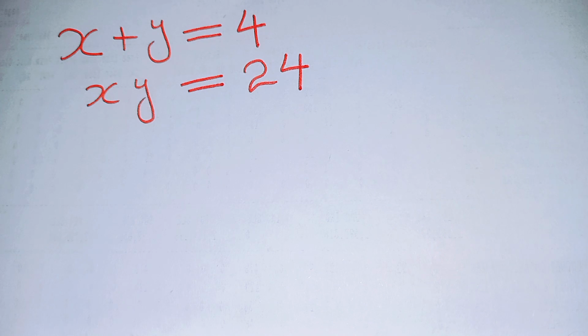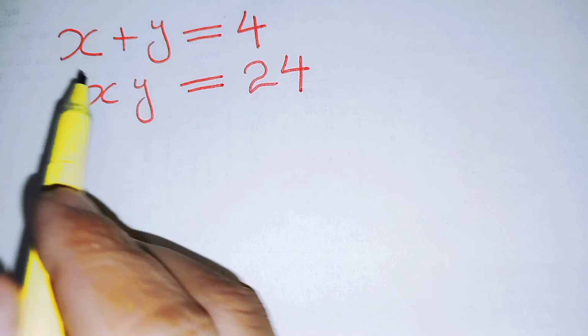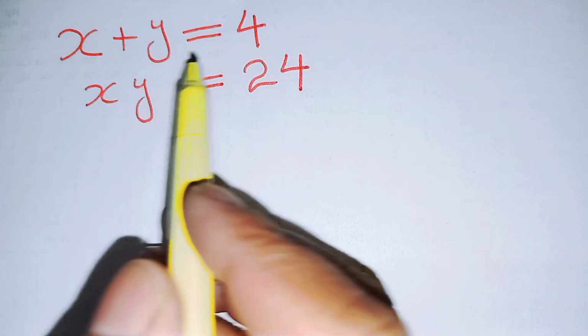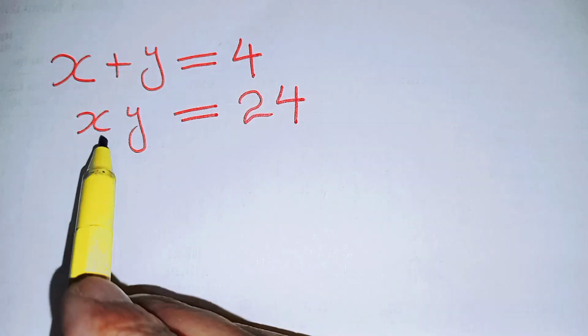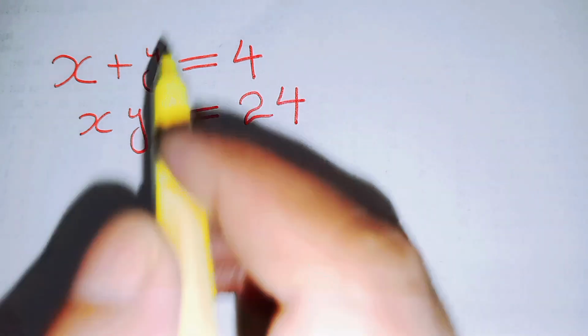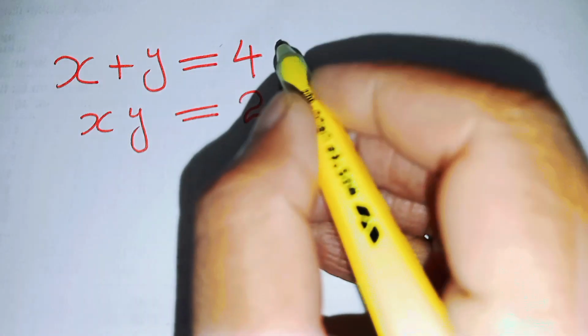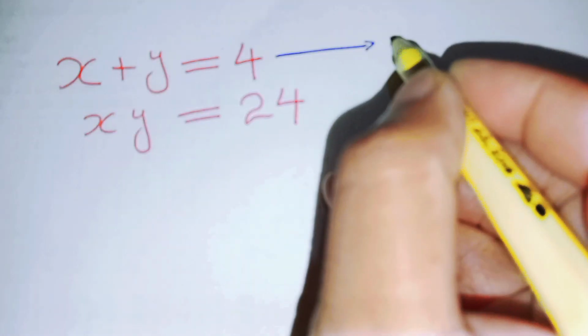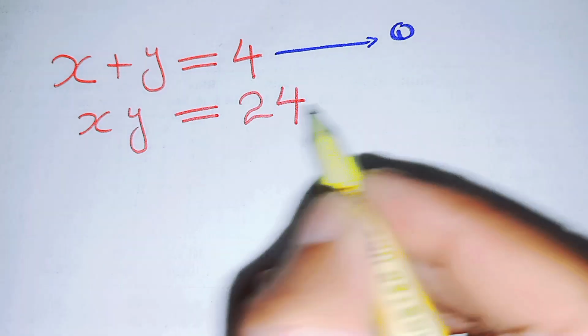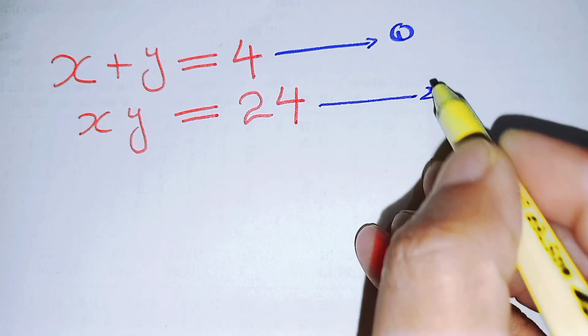In this video we are going to solve a nice algebraic problem: x plus y is equal to 4 and xy is equal to 24. This is the first equation, and this is the second equation.